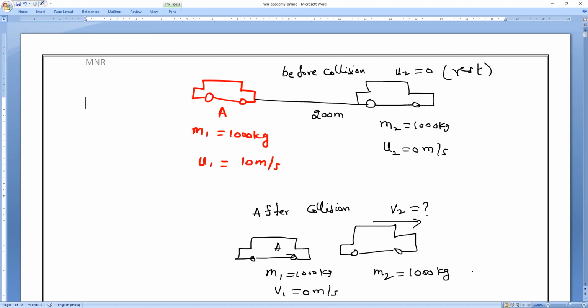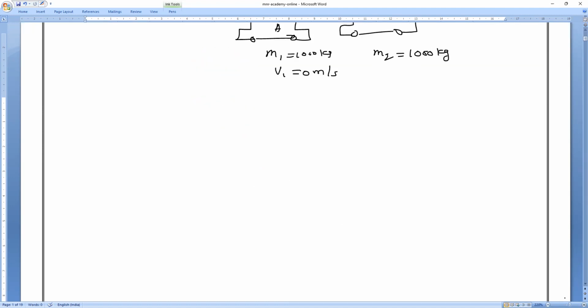Now they are asking us to find the power of car A first, and then we'll go with that. So all of you observe very carefully. First, let us find the power of car A. If a car is moving with a constant velocity, what velocity is it moving with? The same, 10 meter per second.